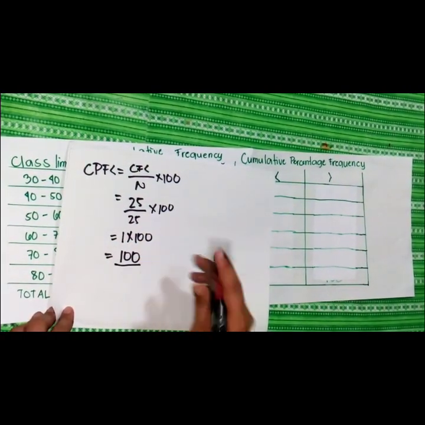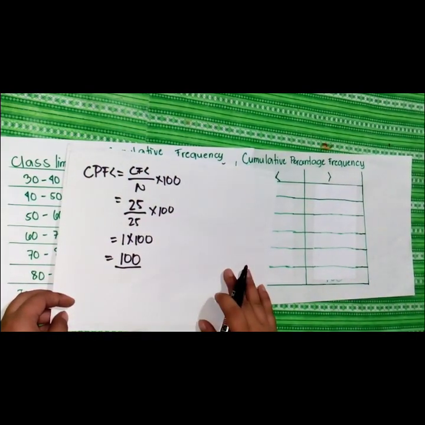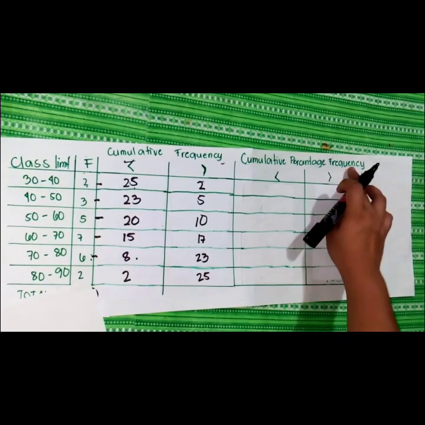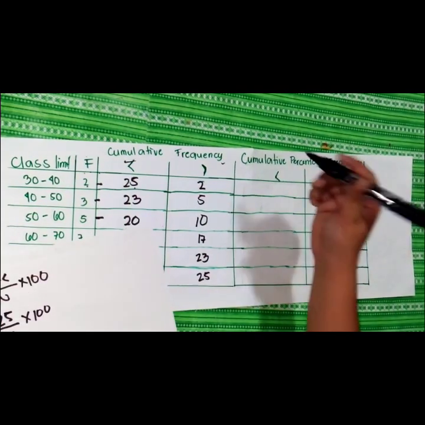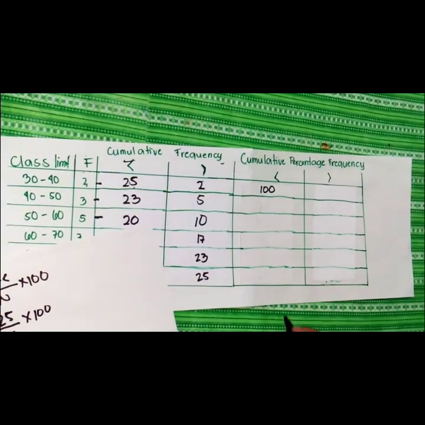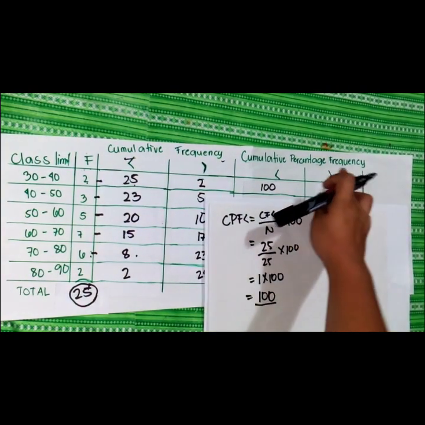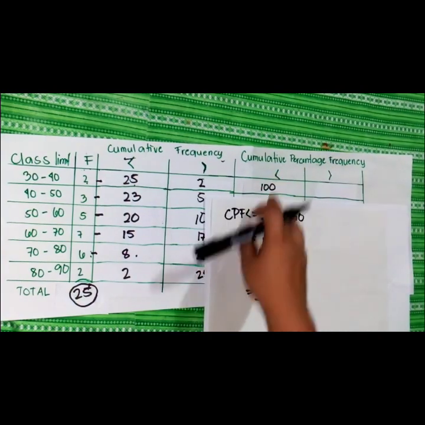That is how to solve the cumulative percentage frequency lesser than. So we put 100 here.